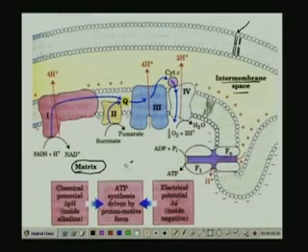Okay? Now, what we are going to look at is each of these complexes and see what it actually does. There are certain reactions associated with each of these complexes, eventually giving you sufficient H plus concentration in the intermembrane space that is going to result in ATP synthesis. Okay?